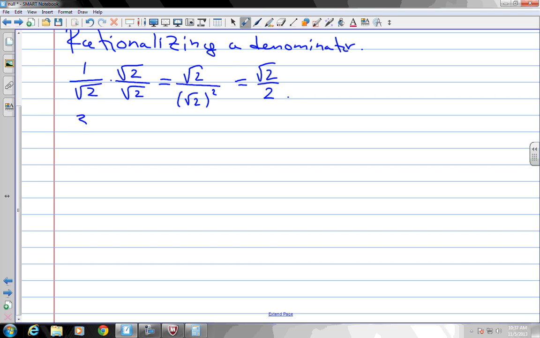Here's another example. 3 over square root of 11, so it has a radical in the denominator. How do we get rid of that radical? What do I have to multiply that by? Multiply by square root of 11 over square root of 11.